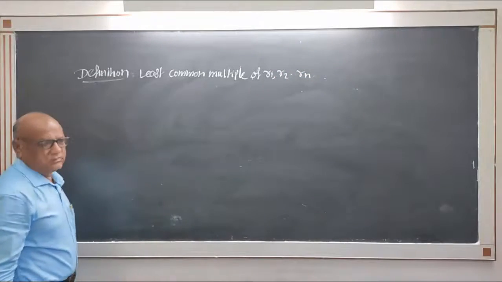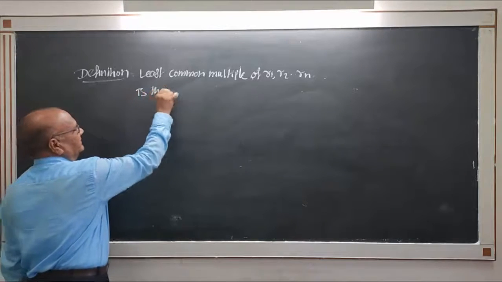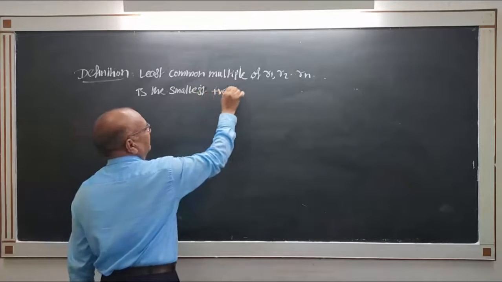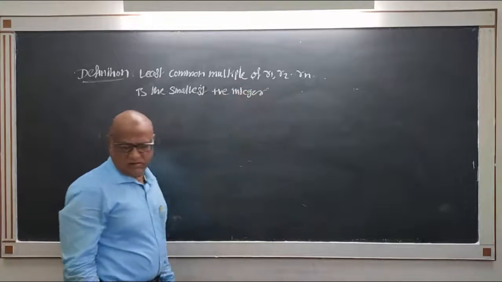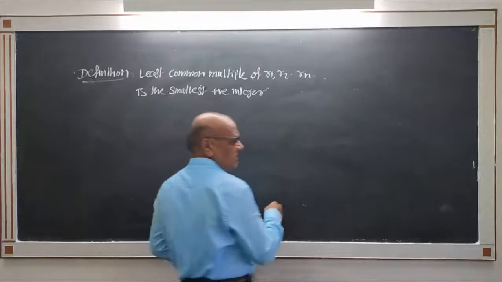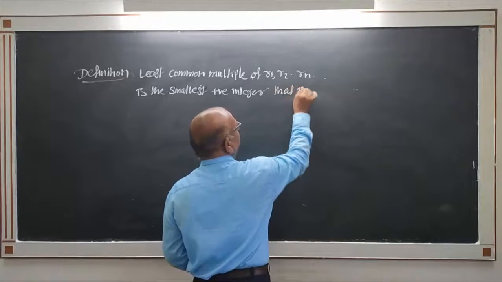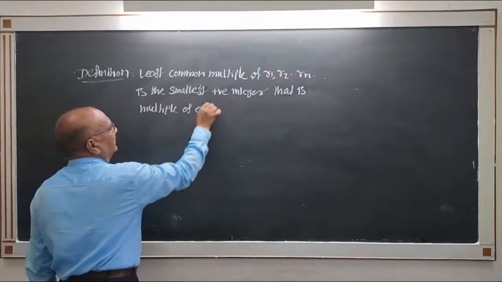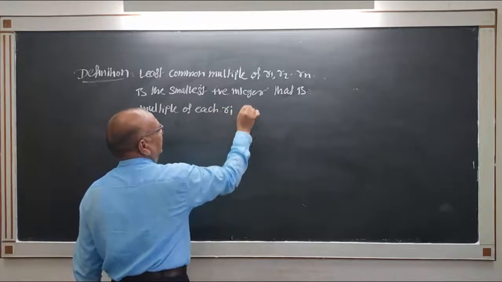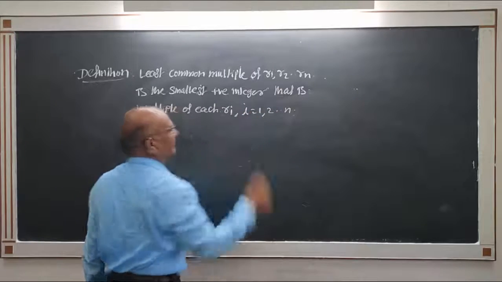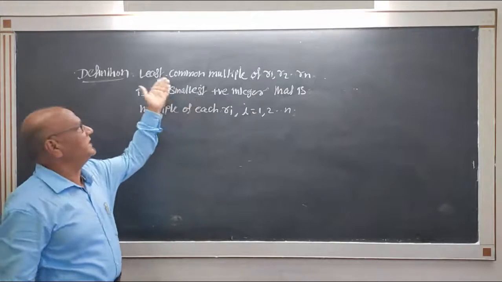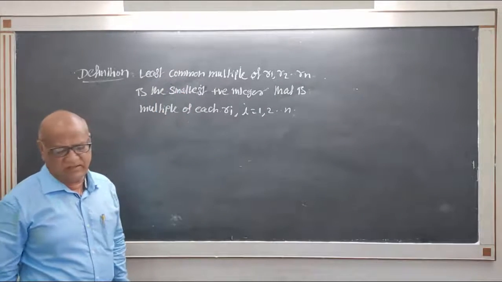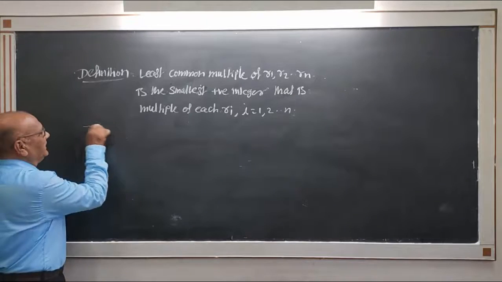Least common multiple is the smallest positive integer that is a multiple of each ri, i varies from 1 to n. And its abbreviation is LCM.